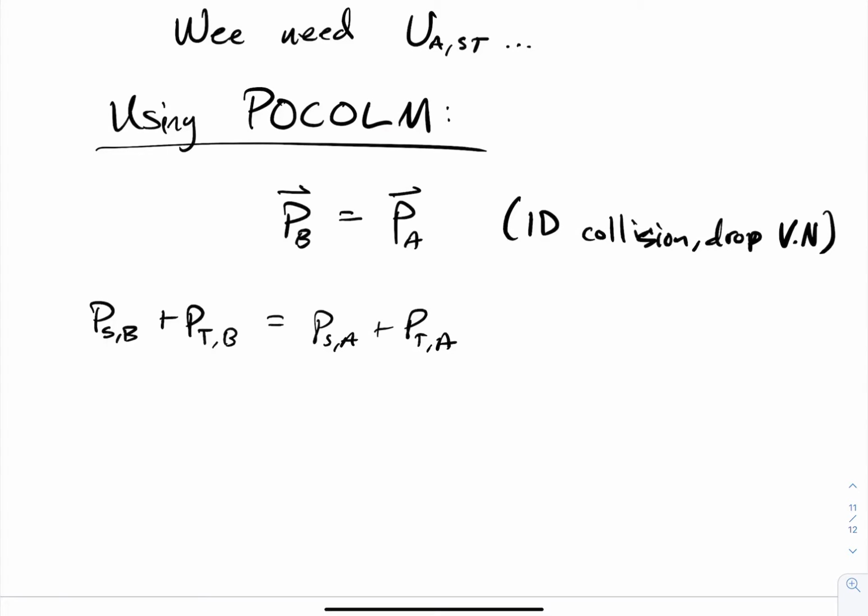Well, we know then that the mass of Smoot times the velocity of Smoot before will be the momentum of Smoot, and the same for the tire. Mass of the tire times velocity of the tire before. And we'll write the same thing on the other side, but for different velocities.